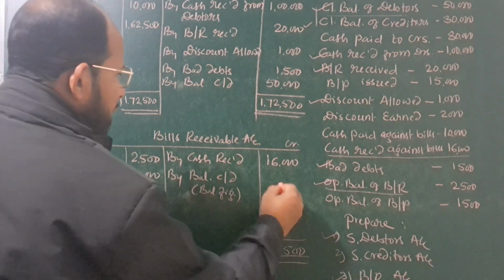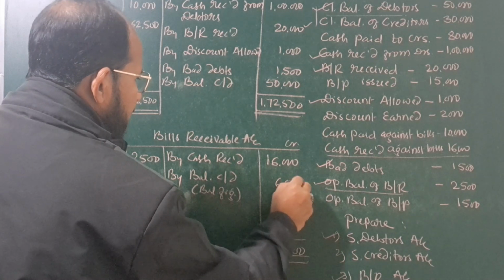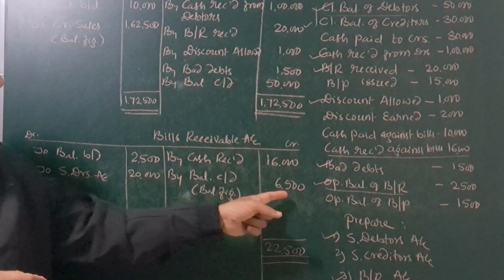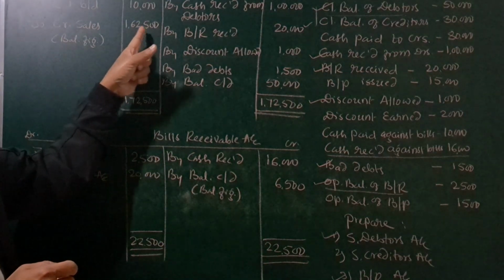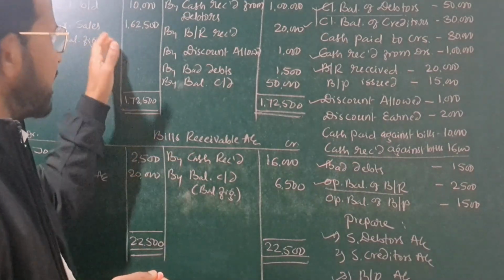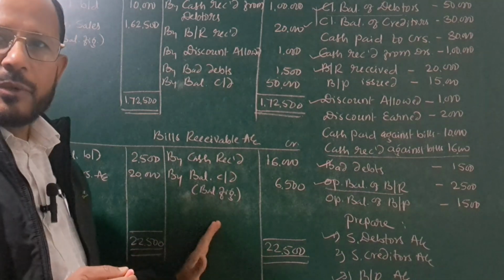Here, what is the total? Balance 6,500. 6,500 is nothing but the closing balance of bills receivables, and rupees 1,62,500 is the credit sales. In order to find out these two figures, we prepared sundry debtors account and bills receivables account.